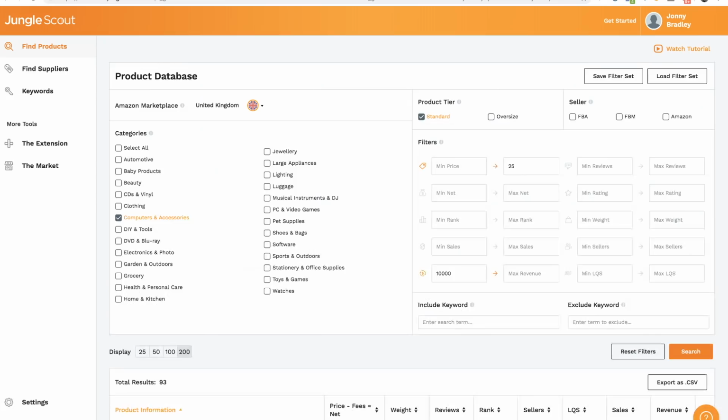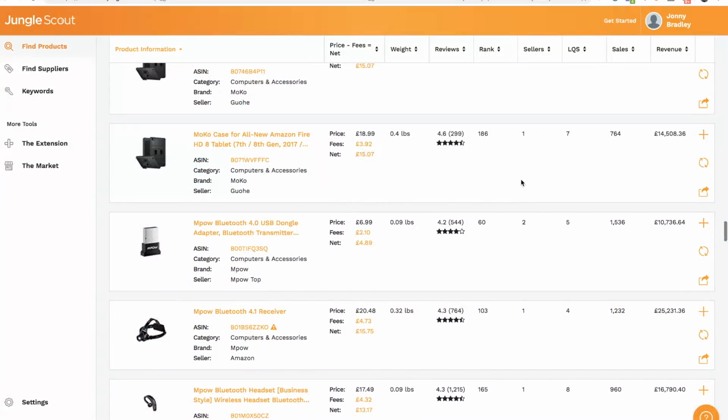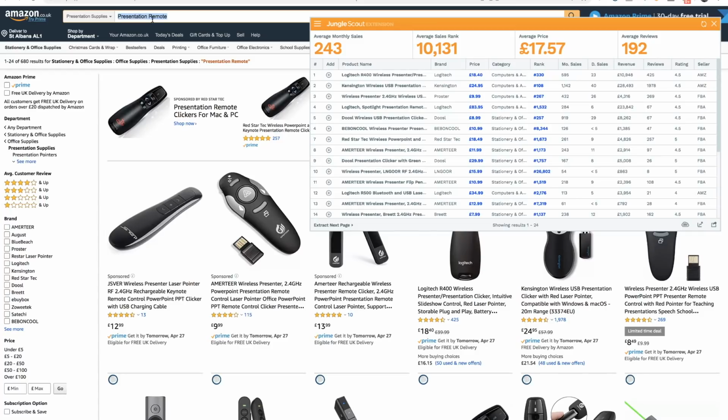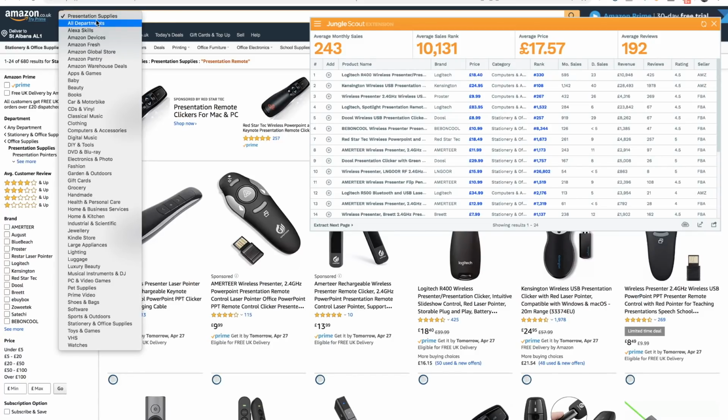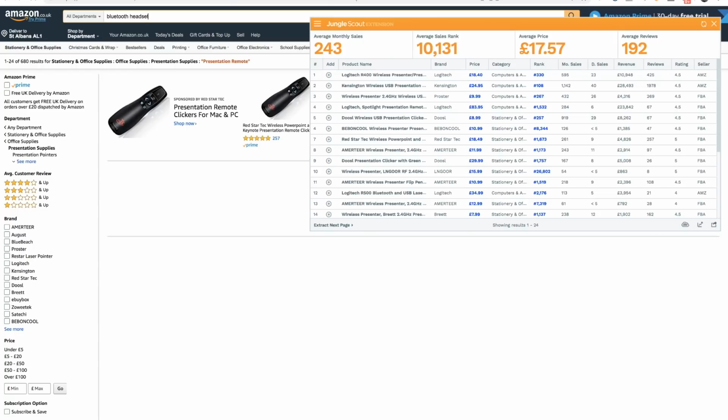A lot of people will just go on Jungle Scout and scroll, scroll, scroll, keep looking, okay, there's nothing there, next page, and keep going, keep going. Look at something and then go, okay, cool, let's look at this ecosystem, let's look at this market. Bluetooth headset, let's just do it. We want to be in all categories, all departments. Bluetooth headsets, okay?